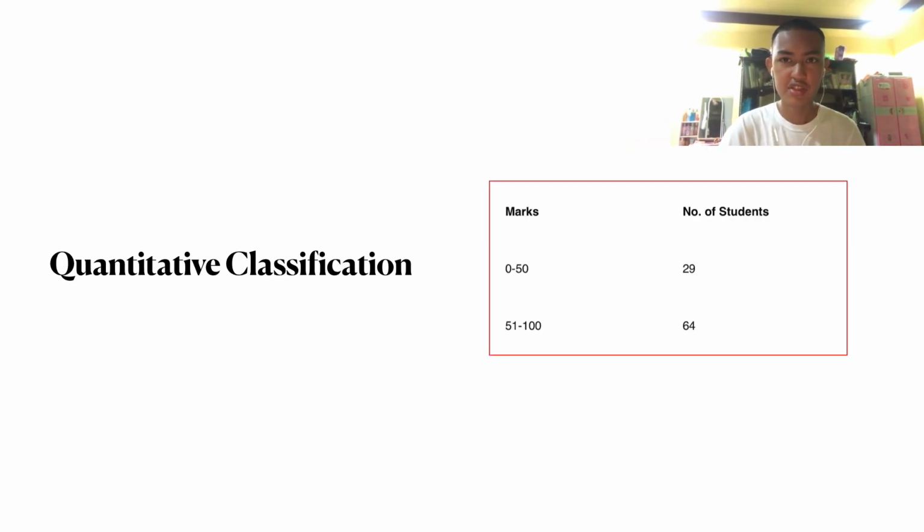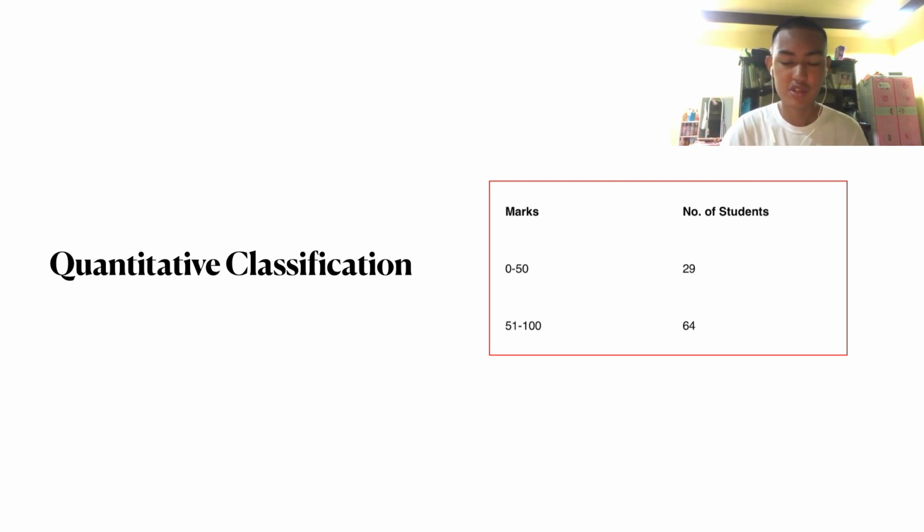Quantitative classification in a tabular presentation of data. In a quantitative classification of data, the data is classified on the basis of features that are quantitative in nature. In other words, these features can be estimated quantitatively.